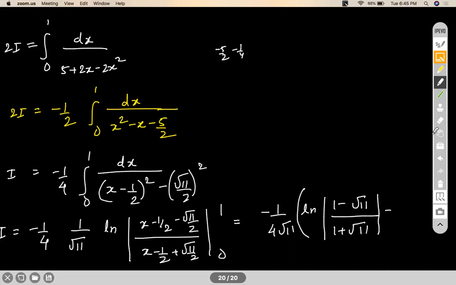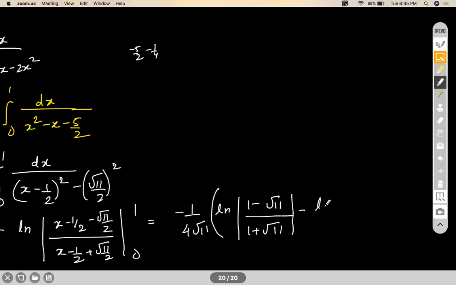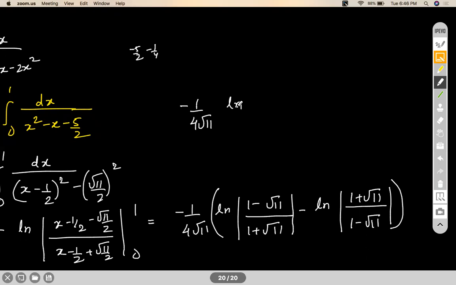Minus, when you put a 0, you get ln 1 plus root 11 by 1 minus root 11. Correct? So this is nothing but minus 4 by root 11 ln, or you can say 2 times ln root 11 minus 1 by root 11 plus 1. Okay, no need to simplify any further. That's it. This is your answer.